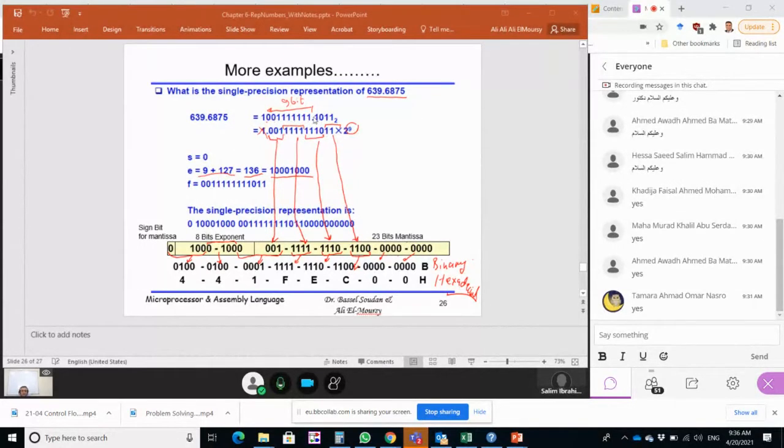This is the normal conventional conversion for the real number in binary. Is the number now ready for the floating point or not?